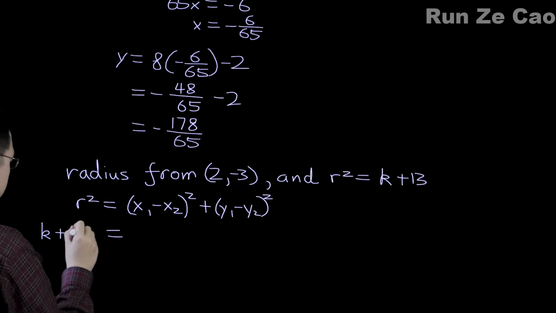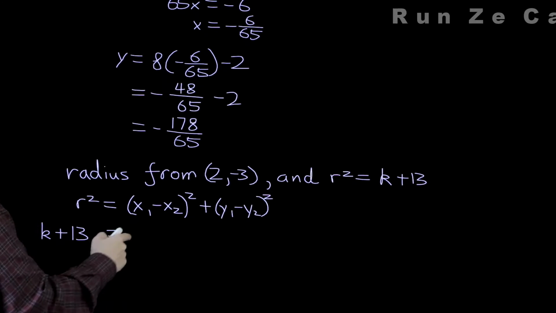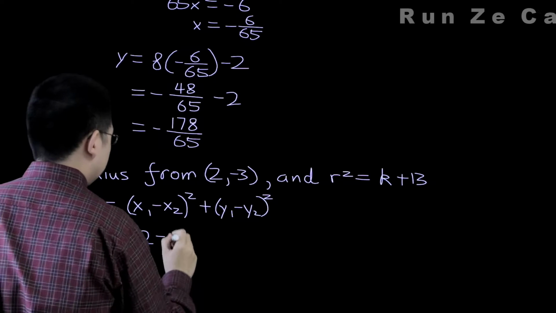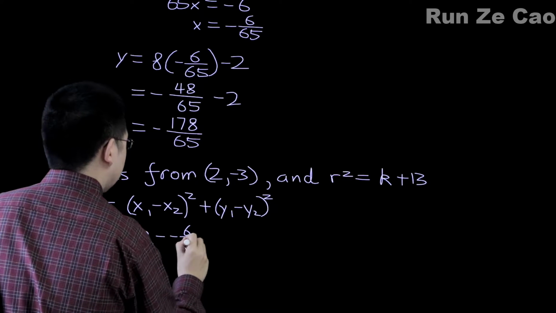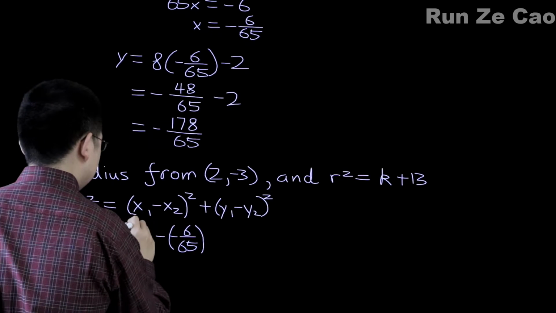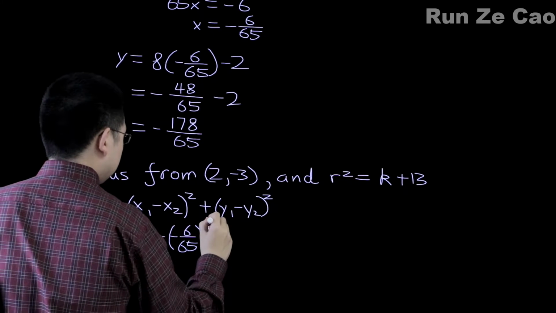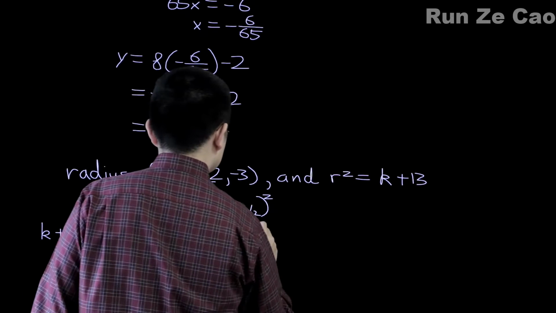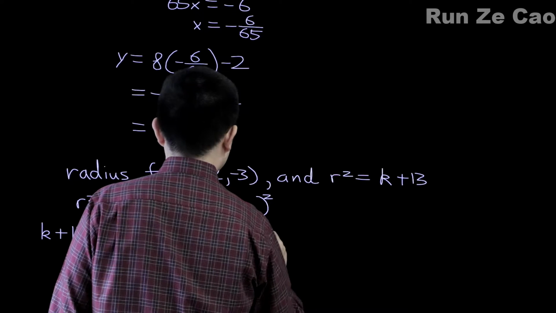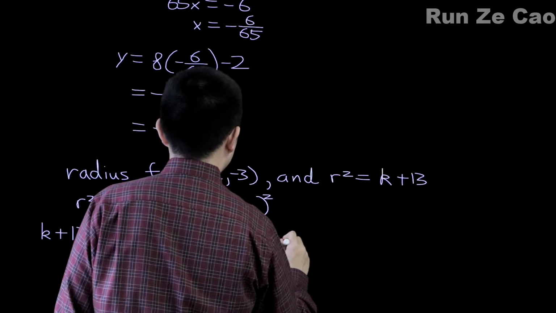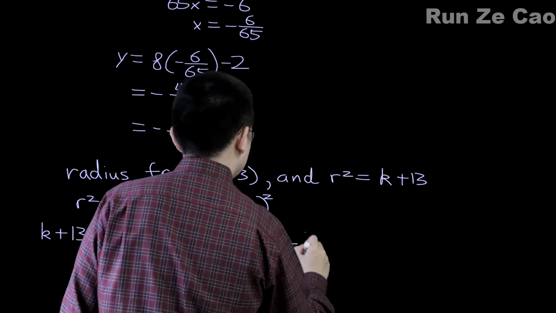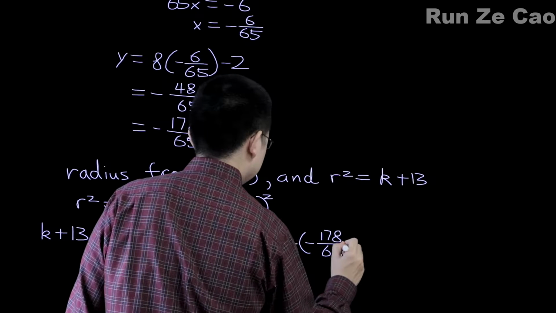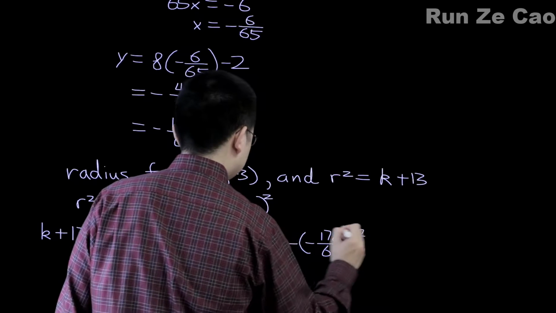So k plus 13 is equal to x1 is, well, let's use 2. 2 minus negative 6 over 65, squared, plus negative 3 minus negative 178 over 65, squared.